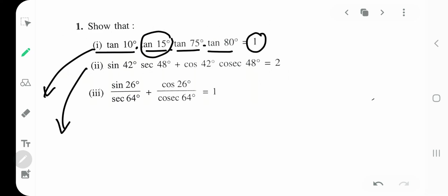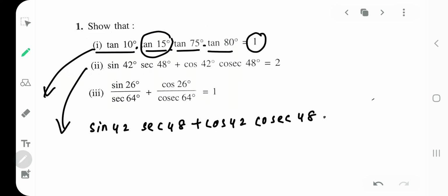For my next problem we have sine 42 sec 48 plus cos 42 cosec 48. For sine 42, let it be sine 42. For sec 48, can I write it cosec 90 minus 48?